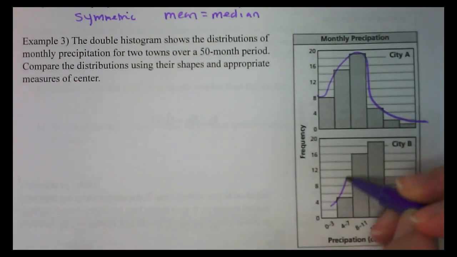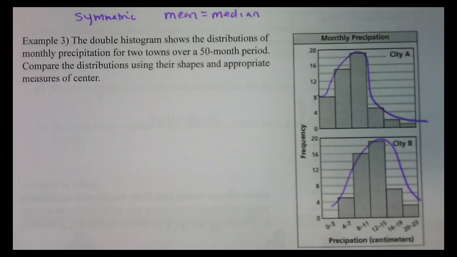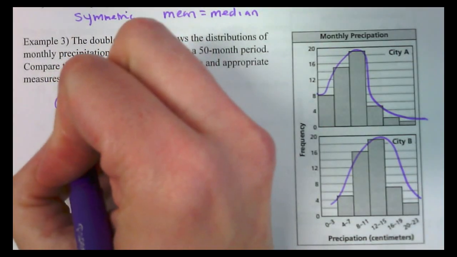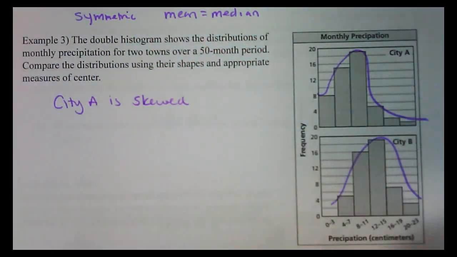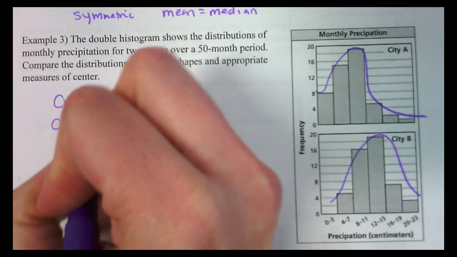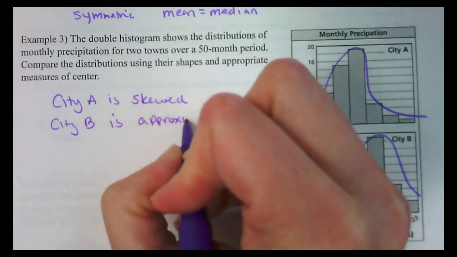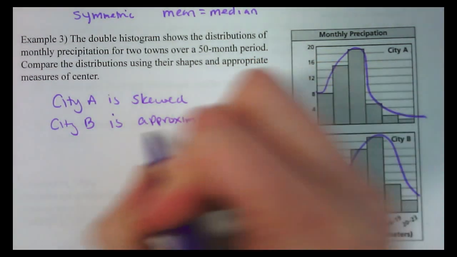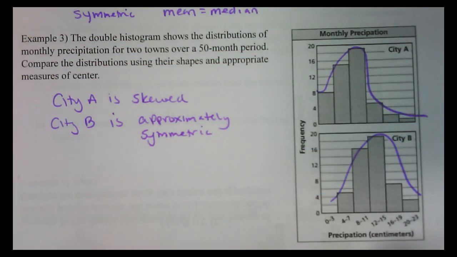Okay, this one looks a little closer to symmetric. So we're going to say that city A is skewed. City B is, we're going to say approximately symmetric because it's not perfect, but it's pretty close.